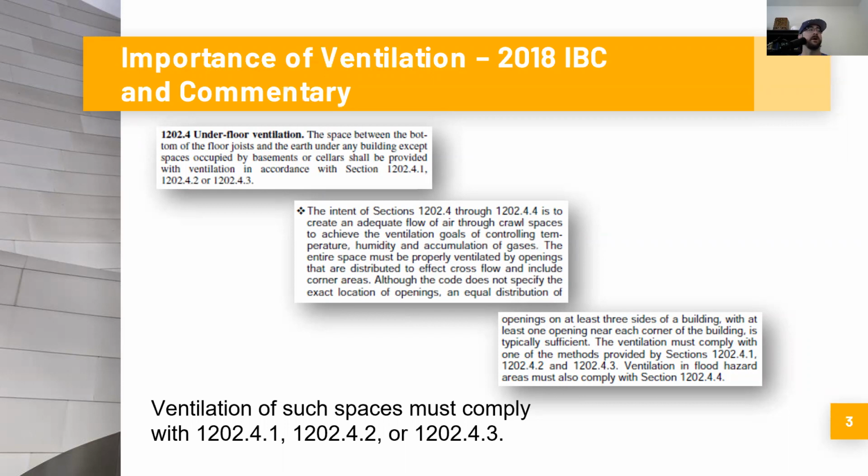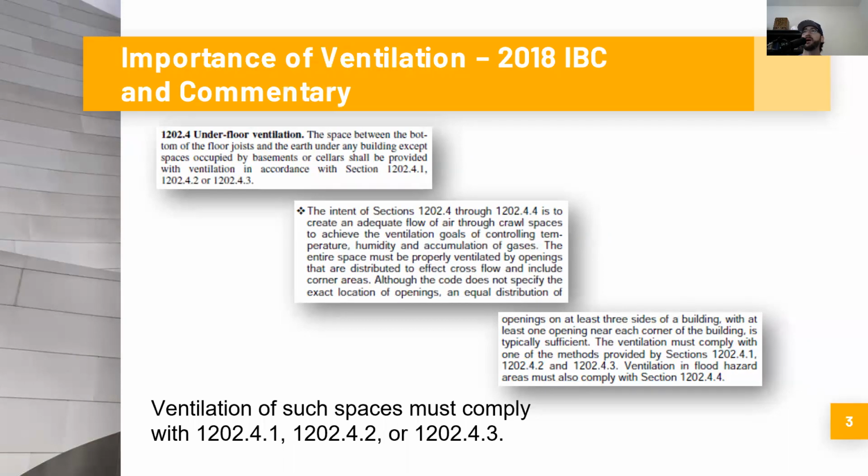Crawl spaces, or underfloor spaces, on the other hand, typically are not places where people will be inhabiting the space, other than for very short periods of time for maintenance operations and whatnot. That's why the provisions for the ventilation apply to crawl spaces, but not basements or cellars.